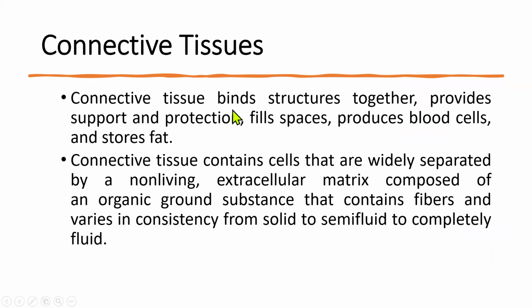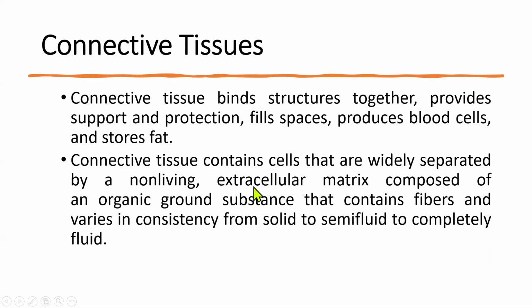They are like the glue that binds different structures together. They offer some kind of protection and support depending on which kind of connective tissue you are talking about. Bone, for example, is a connective tissue, and obviously bone has very good protection, right? They also fill up spaces, and they produce red cells and store fat.